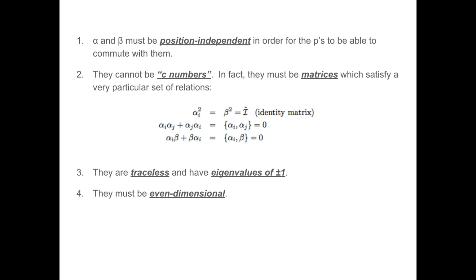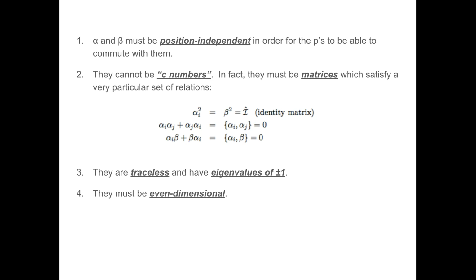It turns out that they can't be C numbers. Everybody know what I mean by C number? It means it's not an operator. It's just a number like pi or 2 or 42 or whatever number you want. That's what we call C numbers. So they can't be C numbers, and in fact, they have to be matrices.